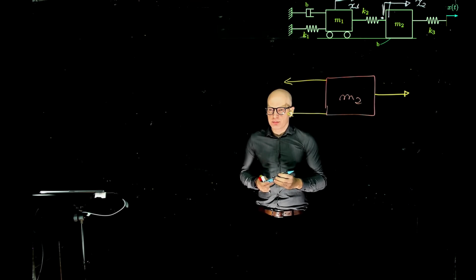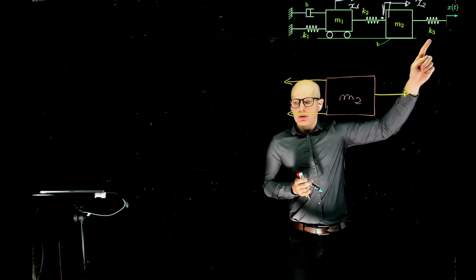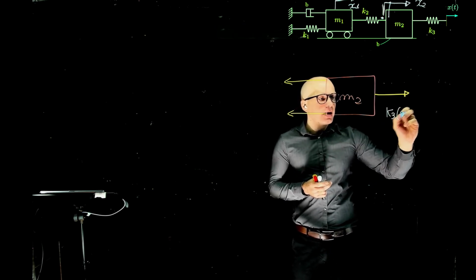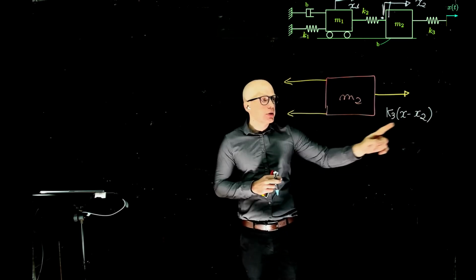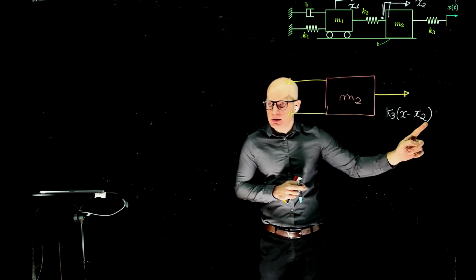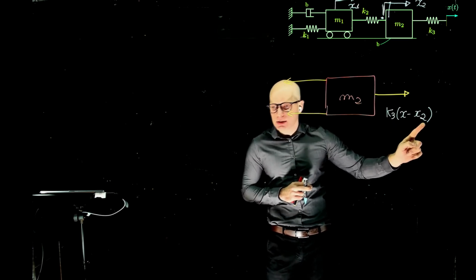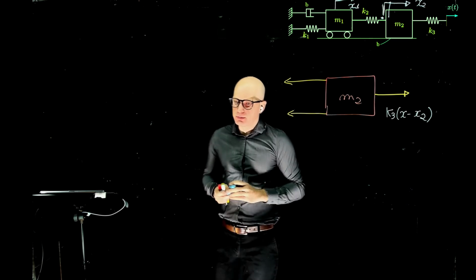K3 times x minus x2. Exactly, very good. K3 (x minus x2). Excellent. Displacement on one end, displacement of the other end of that spring. K3 (x minus x2), and this is the magnitude of the force making mass 2 move to the right.